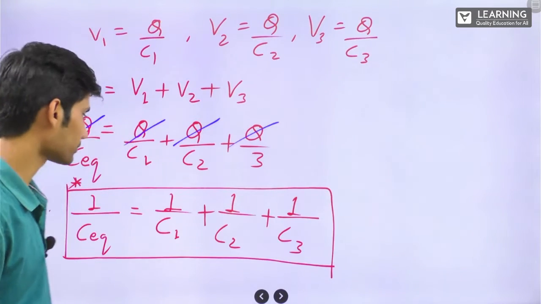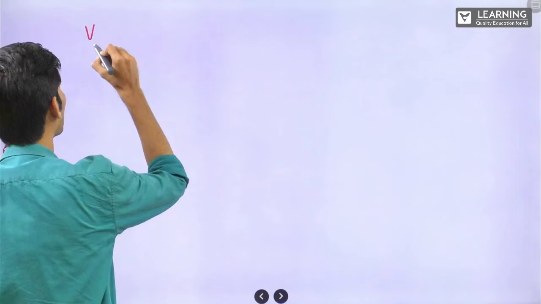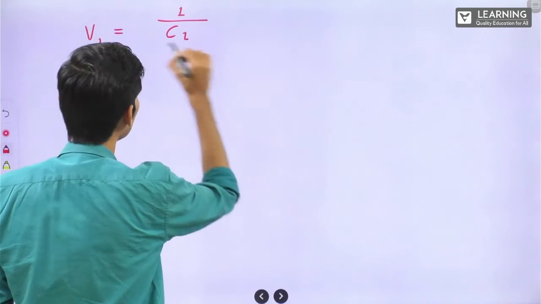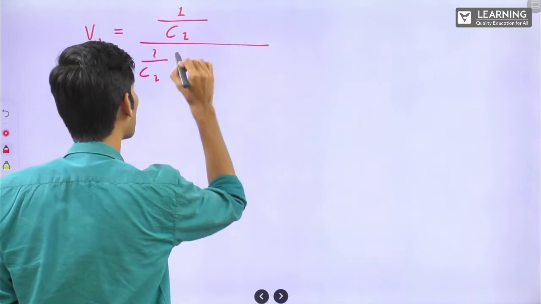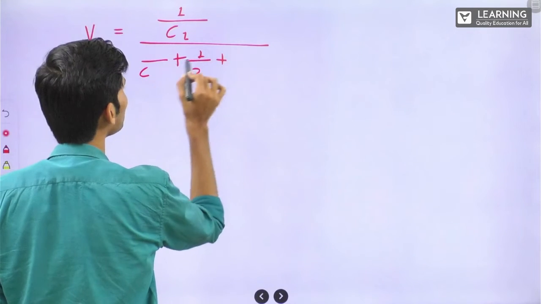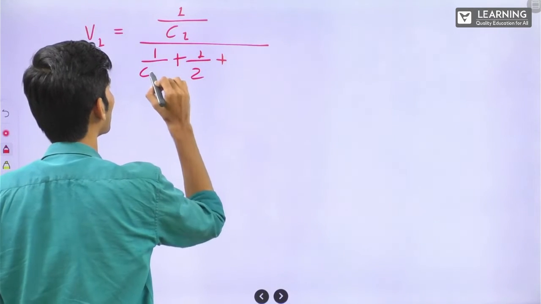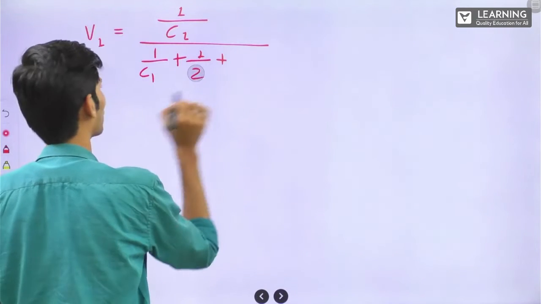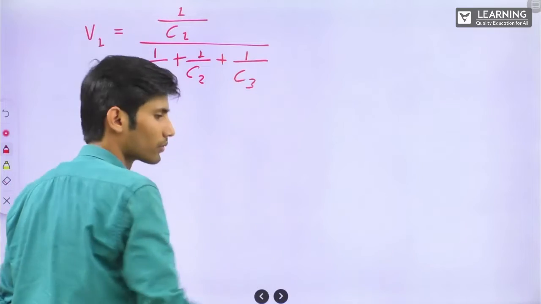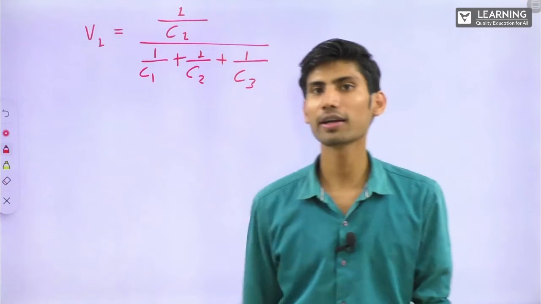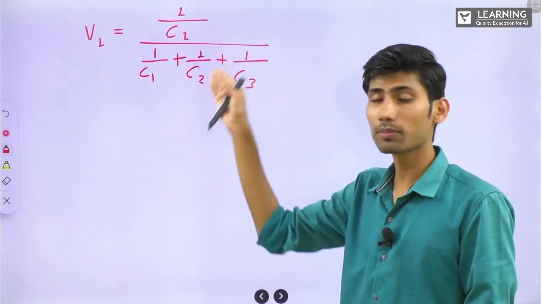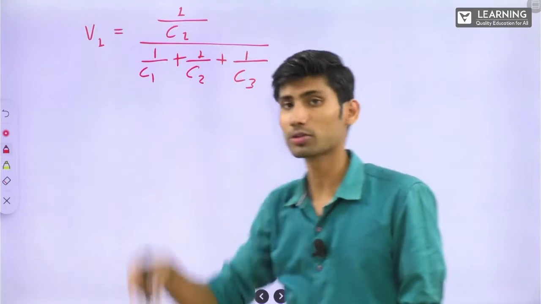So what you can do is, V1, remember now, make a note: 1 upon C1 divided by 1 upon C1 plus 1 upon C2 plus 1 upon C3. If n capacitors are connected in series, V1 is equal to 1 upon C1 upon 1 upon C1 plus 1 upon C2 plus 1 upon C3 till 1 upon Cn.